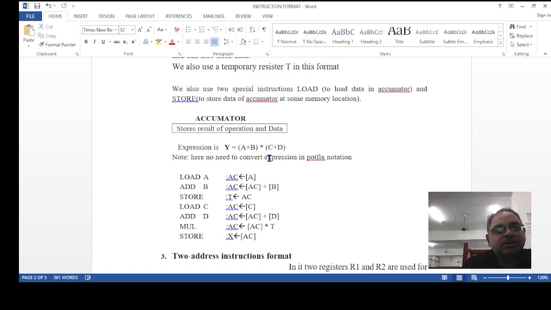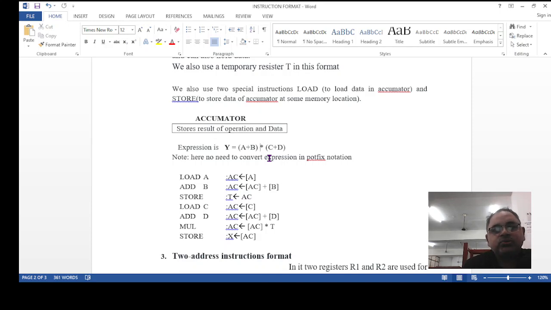So the expression is y equals a plus b into c plus d. In one address instruction format, there is no need to convert the given expression into postfix notation. That is its benefit.